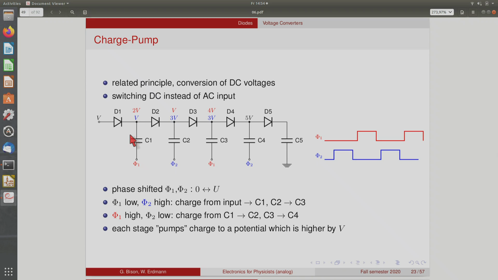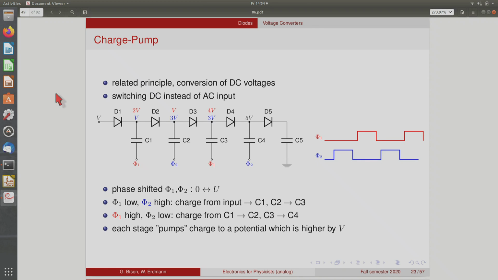And then you have one phase where the charge is shifted. So you lift this one and you pull this one down. Then the charge flows through the diode from one capacitor to the next one, charging this one, and then you do it the other way around, always charging the capacitor from the previous stage.